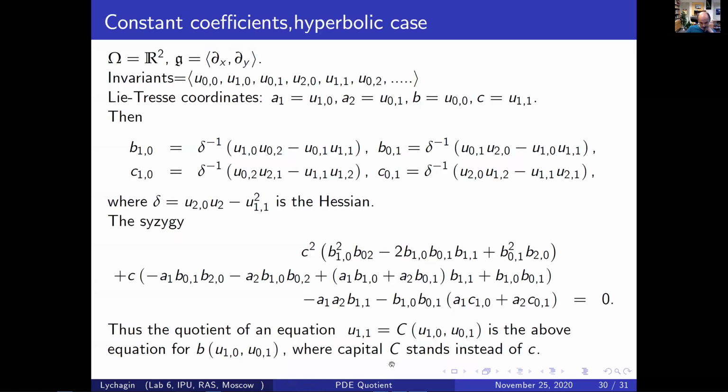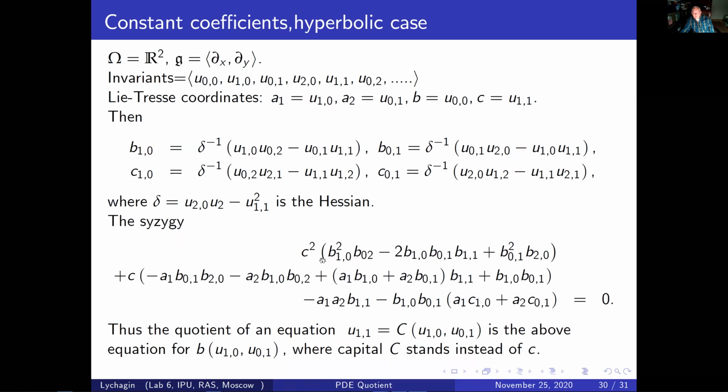And we should add this relation to it. You should take u1 equals this b, and c equals u11, and b is a function of u0,0.